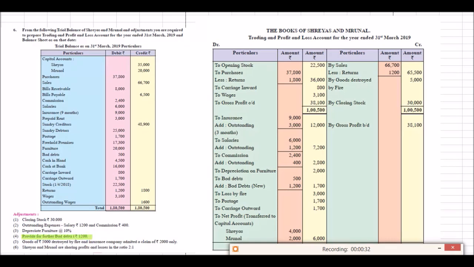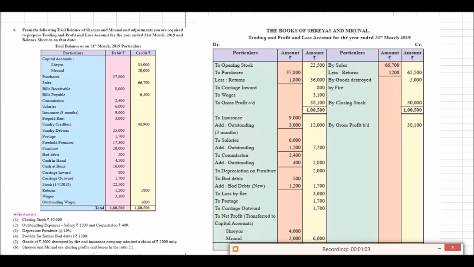Next, goods of rupees 500 destroyed by fire, and the insurance company admitted a claim of rupees 2,000. We have seen this adjustment also. And Shreyas and Mrunal are sharing profits and losses in the ratio of 2 is to 1. So both partners are sharing their profits in a 2 is to 1 ratio.